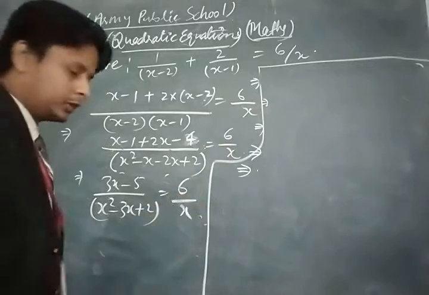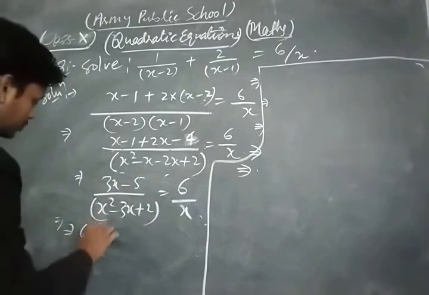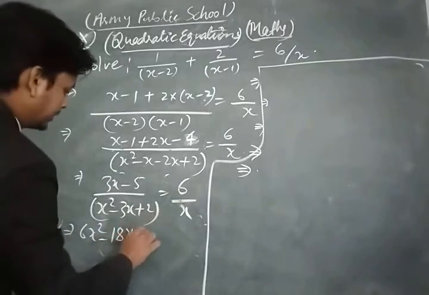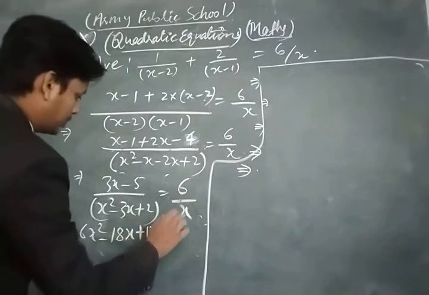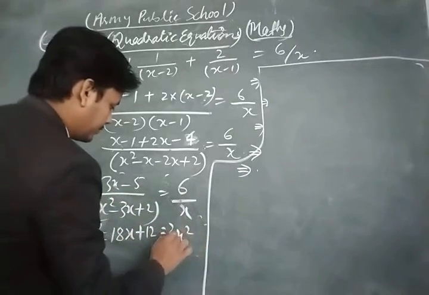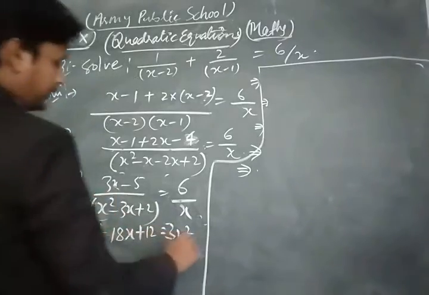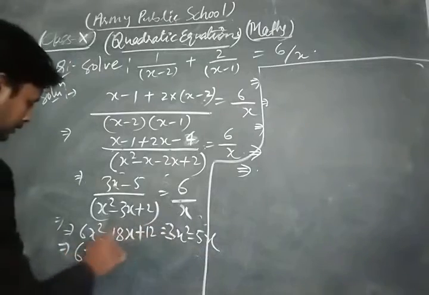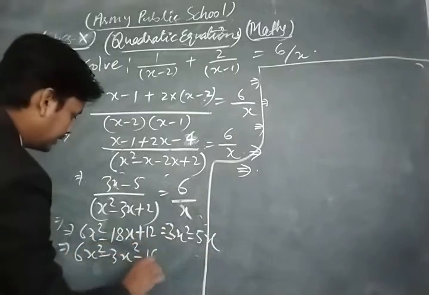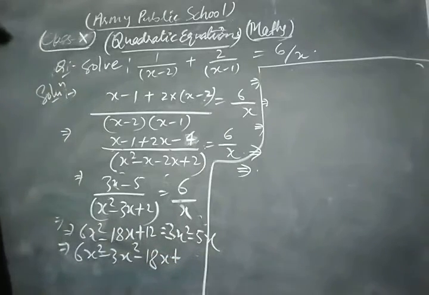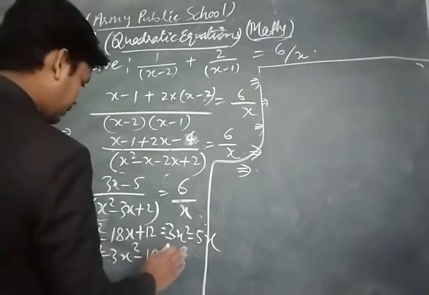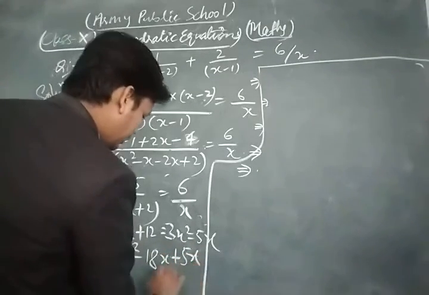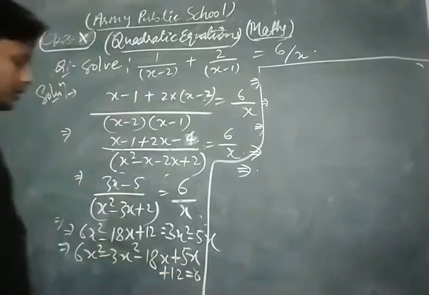Now we do their cross multiplication, so we get 6x square minus 6 3s are 18x plus 6 2s are 12 is equal to 3x square minus 5x. Now we collect the like terms: 6x square minus 3x square minus 18x, and here minus 5x transferred to that side becomes plus 5x, and plus 12 is equal to 0.